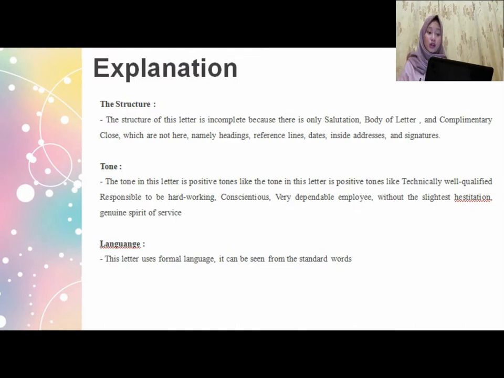Next, the structure. The structure of the letter from the book is incomplete because there is only a salutation, body of letter, and complementary clause, while these are not here, namely headings, reference line, date, inside address, and signature.